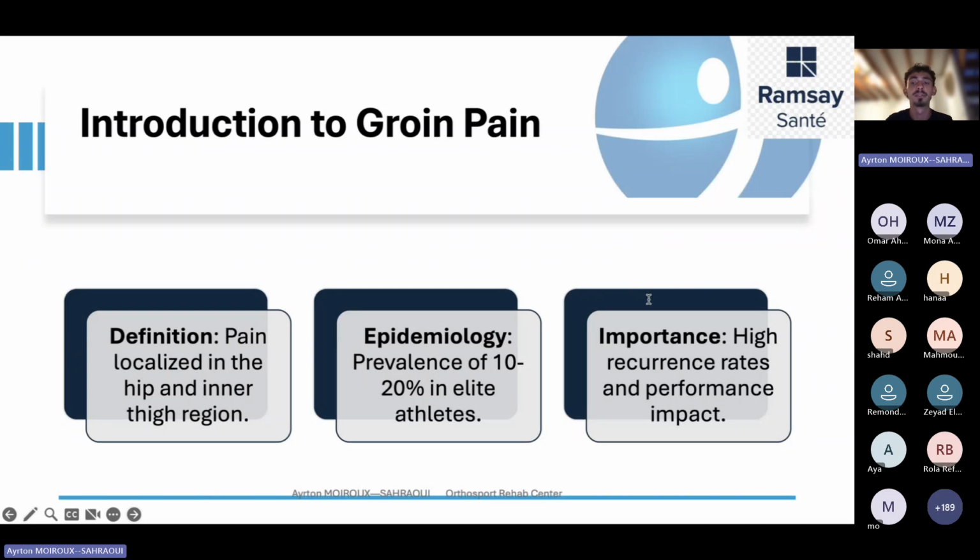This premature return can exacerbate underlying issues, leading to chronic pain and long-term performance limitations. It is therefore imperative that we take a proactive, evidence-based approach in both the assessment and management of this condition, ensuring that we address not only the symptom but also the underlying biomechanical and functional deficits.